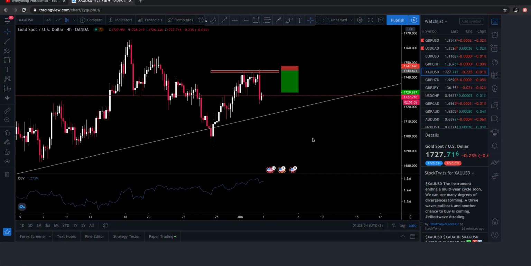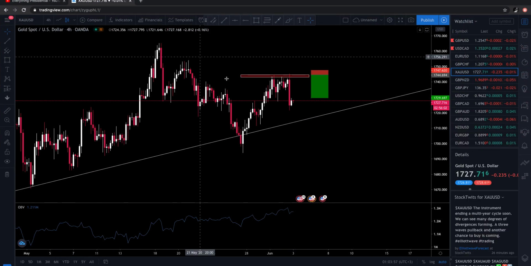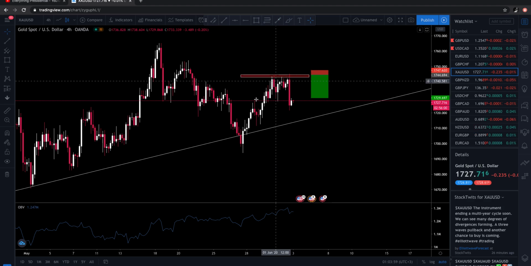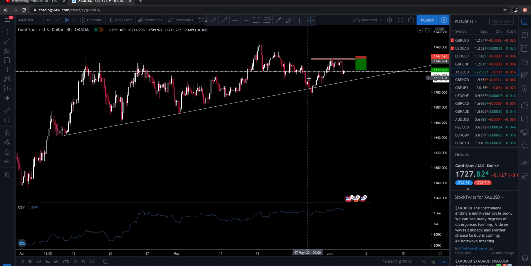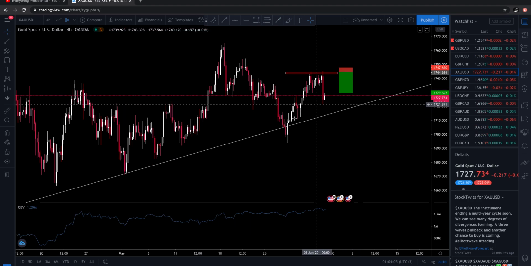Okay, so today I took a trade on gold, which I've been looking at for quite some time. If you follow me on Instagram, you know that I called out this bullish move, or a small pullback, by gold last week.